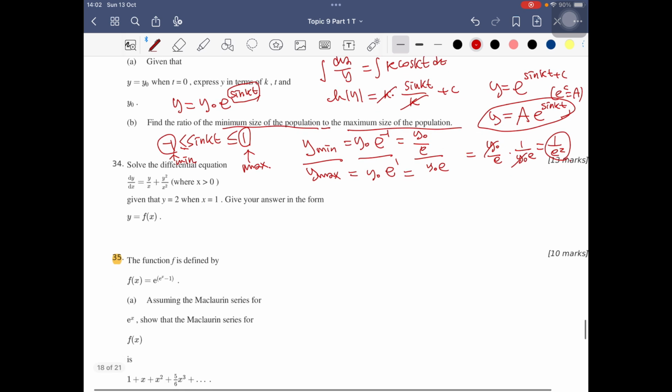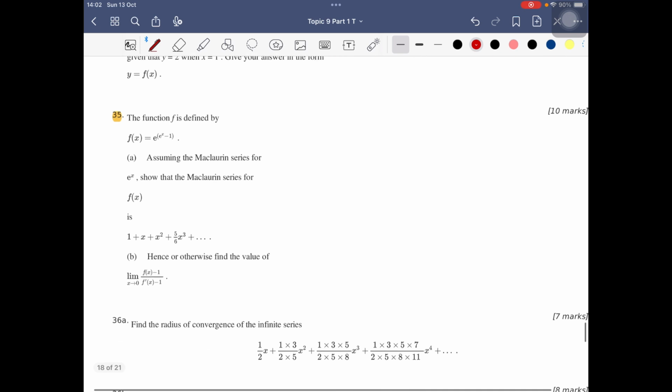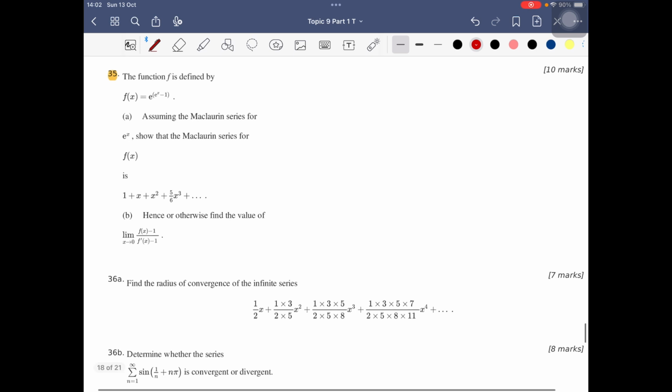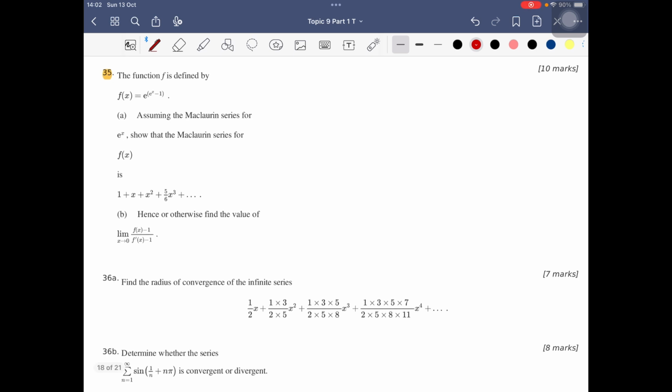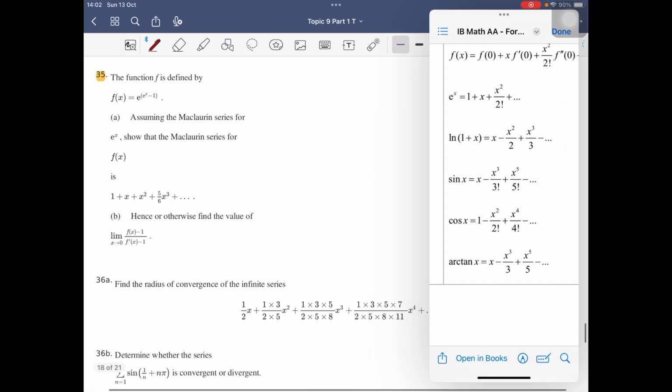34. This is the differential equation of the homogeneous case. You can try to do that. And 35. So e to the power of e to the x minus 1. So the Maclaurin series of e to the x. And yeah, so now we have e to the x there.